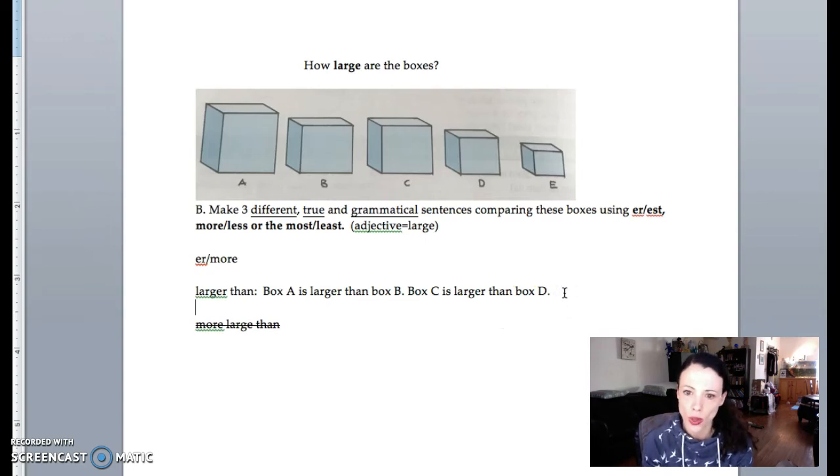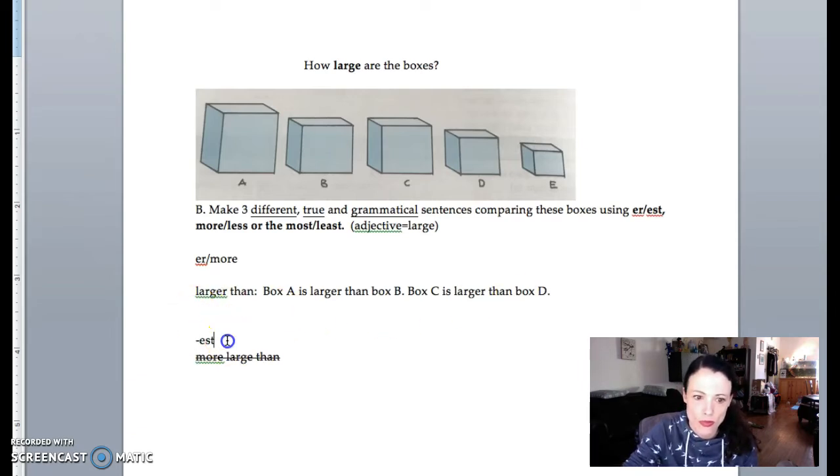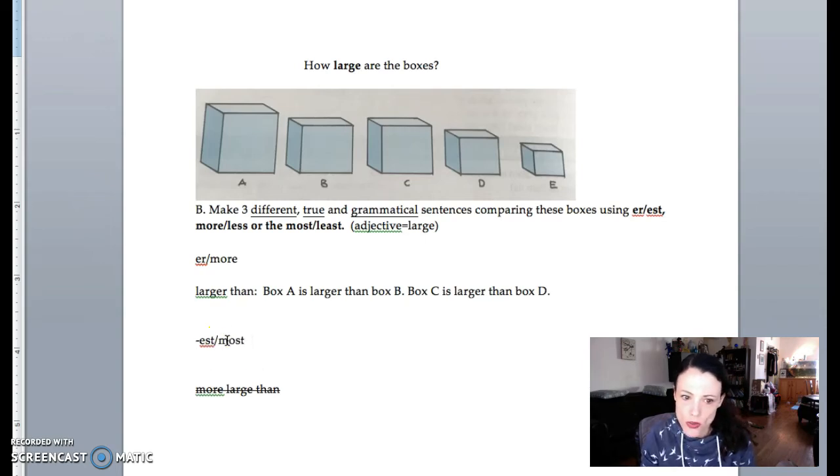So our next choice is about EST and most. So those are the two ways in English that we talk about the extreme, right? The top, the bottom, the largest, the smallest, right?